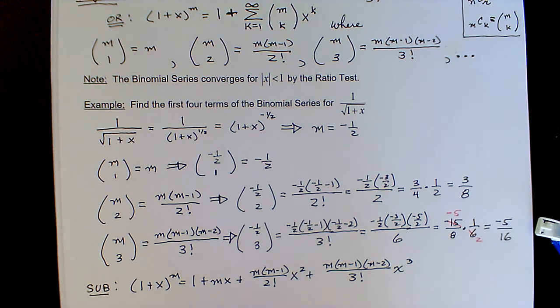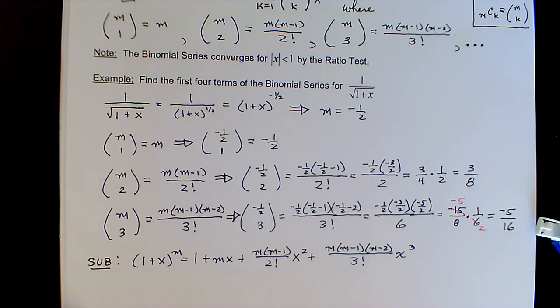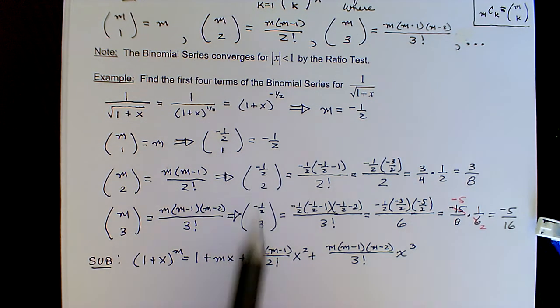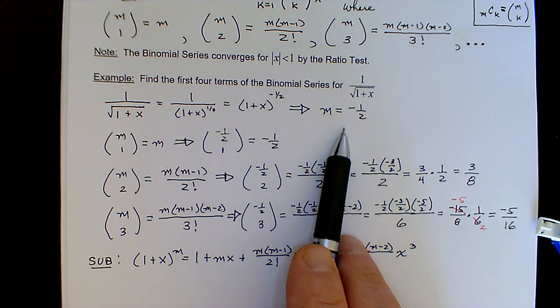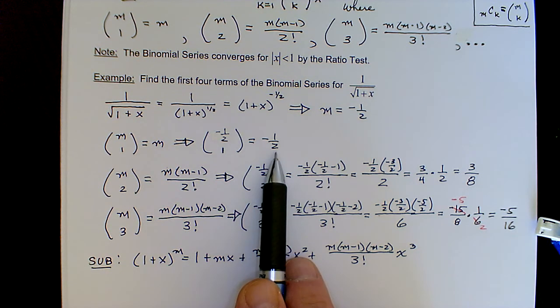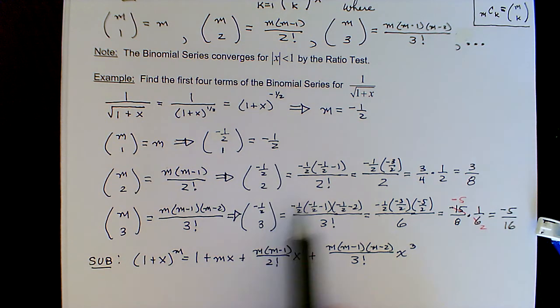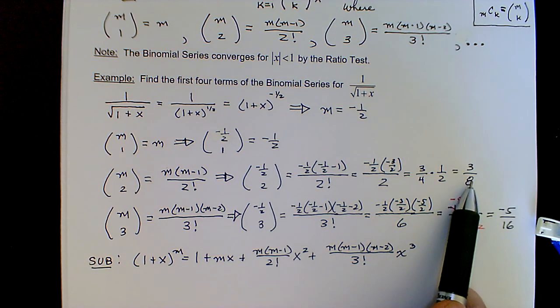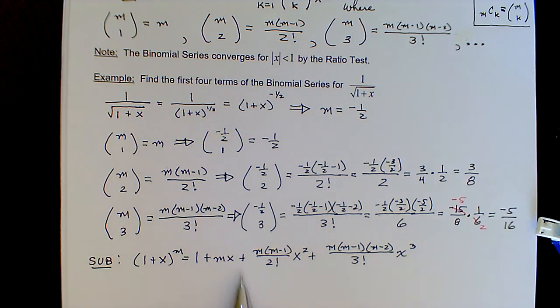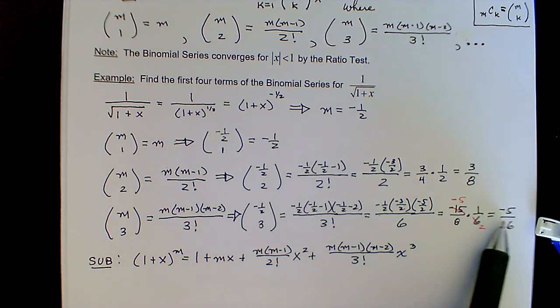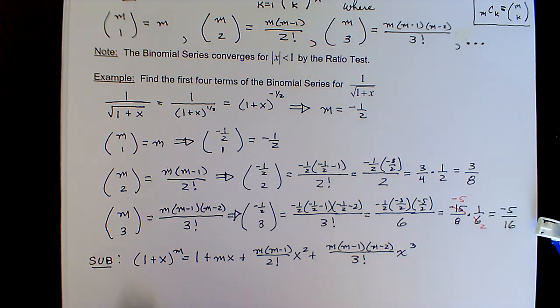And that would continue, but we were just asked to write out the first 4 terms. So there they are. And then here's our value of m, the negative 1/2. And then here's the value of m times m minus 1 over 2 factorial, that coefficient. And here's the value of our third coefficient.